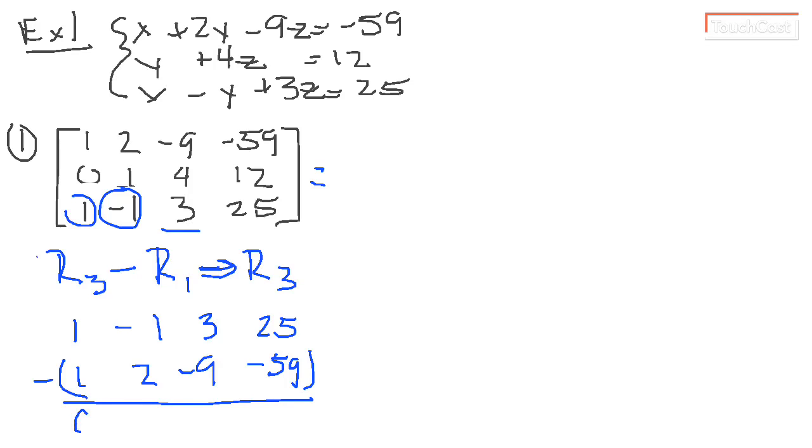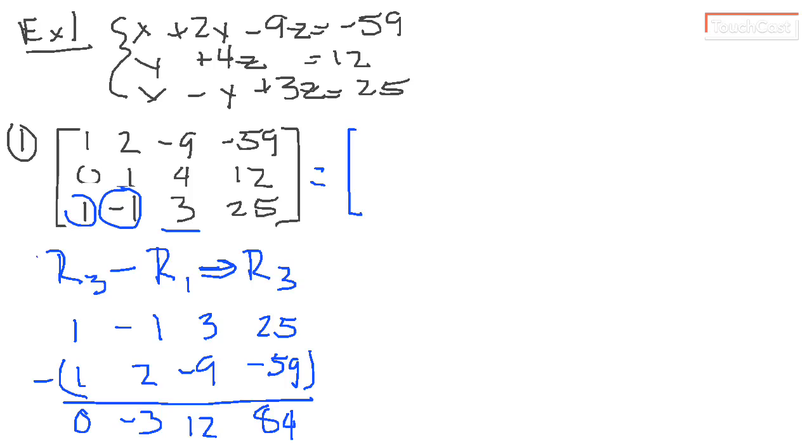What that does is that first 1 is gone. -1 minus 2 is -3. 3 minus -9 is 12. And 25 minus -59 is 84. So now I'm going to rewrite my matrix.